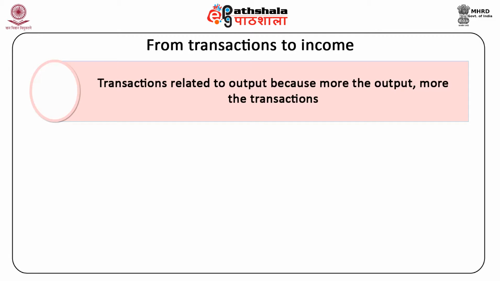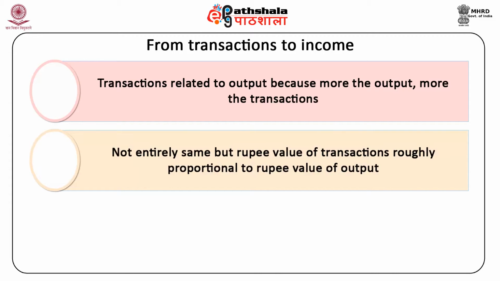Transactions are related to output because the more the output, the more the transactions. Although they are not entirely the same, the rupee value of transactions is roughly proportional to the rupee value of output.